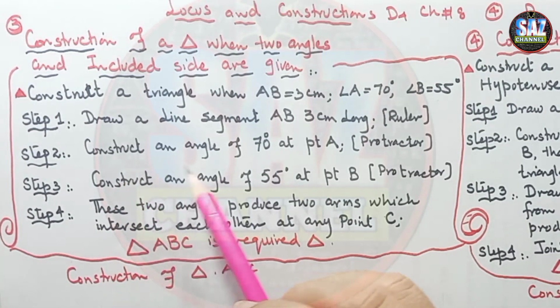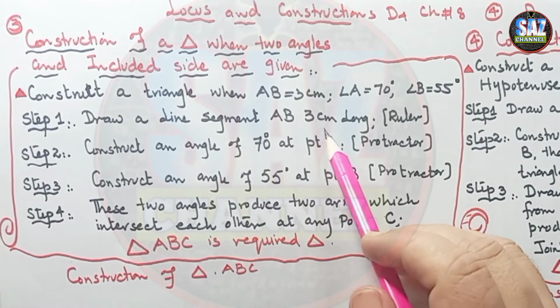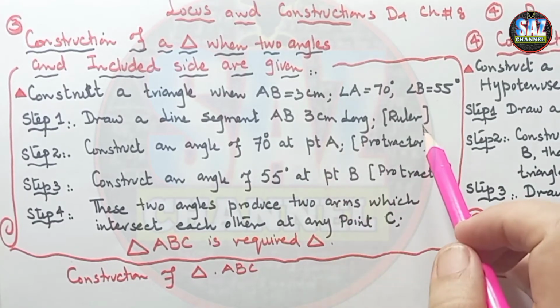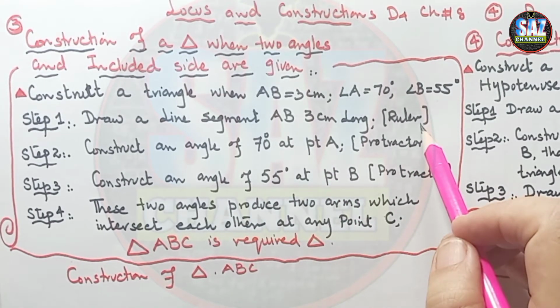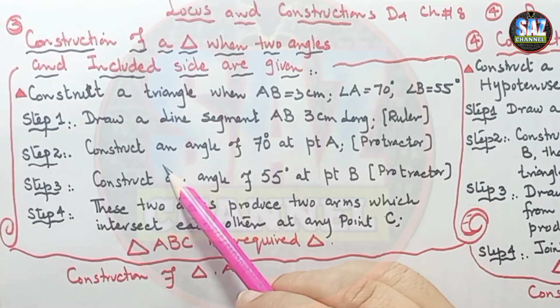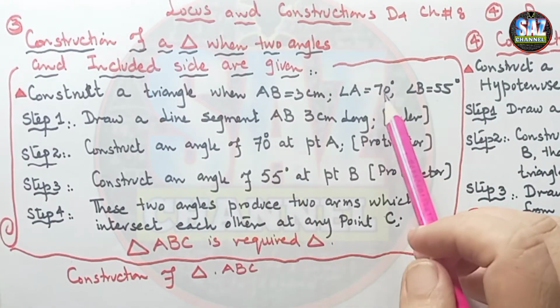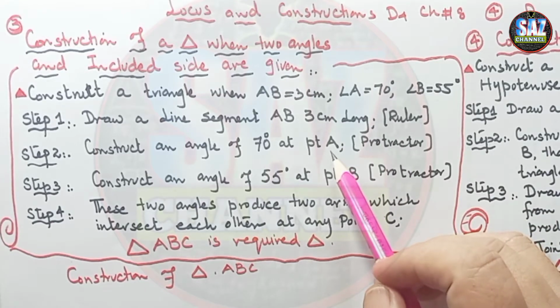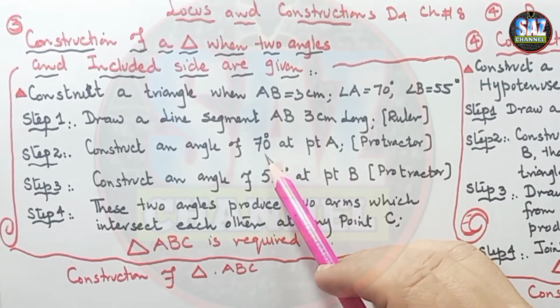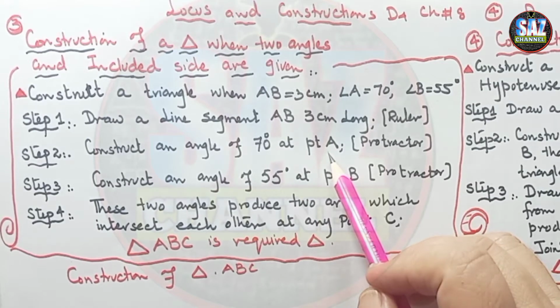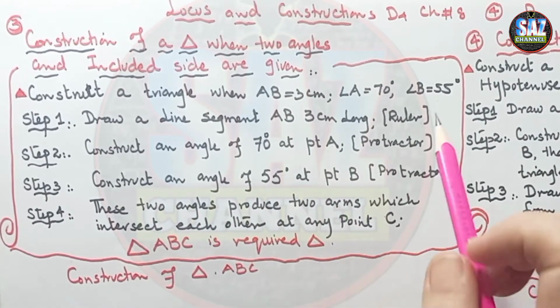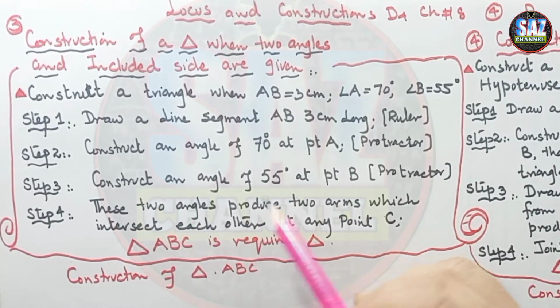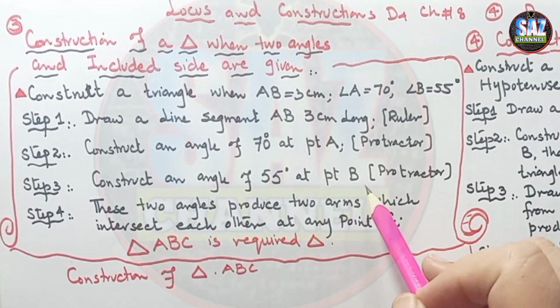Step 1 is the drawing of the line segment of the given length, okay? And for this purpose you have to use the ruler. Then we have to construct an angle of 70 degrees on the vertex which is given in the question. Like here we have to construct the angle of 70 degrees at point A, and for B, which is 55 degrees, we have to construct the angle of 55 degrees.